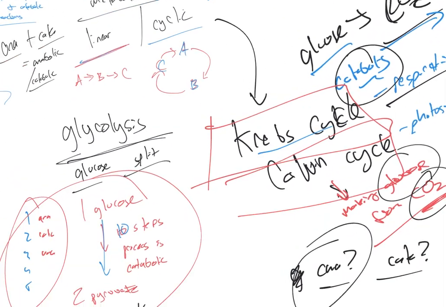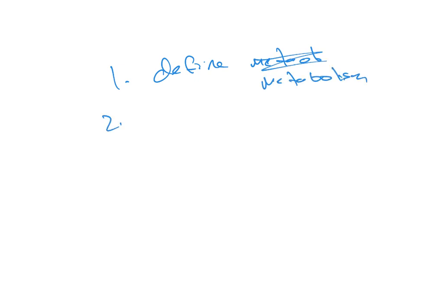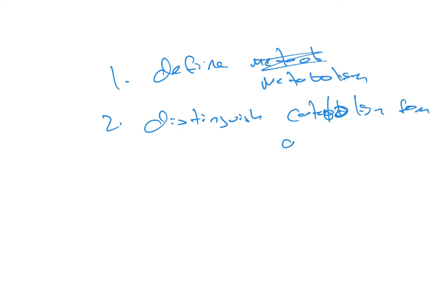So, at the end of this lesson, first, this is what you can do after watching this video. You can define metabolism. Metabolism. 2, you can distinguish catabolism from anabolism.